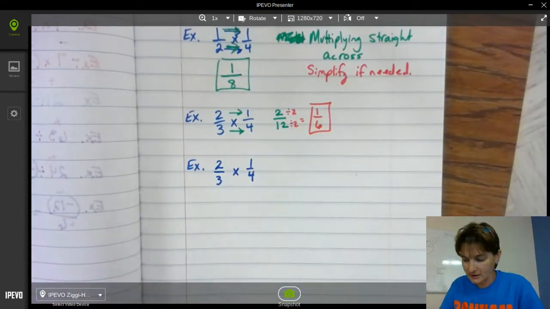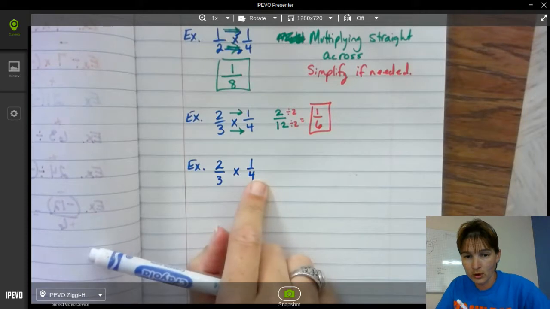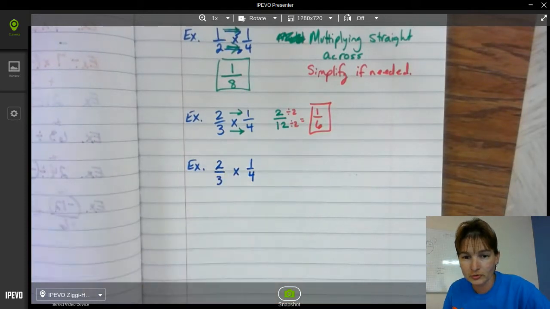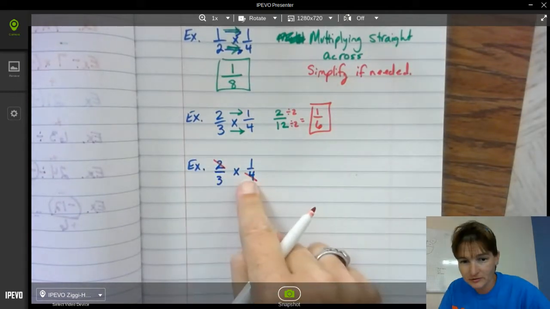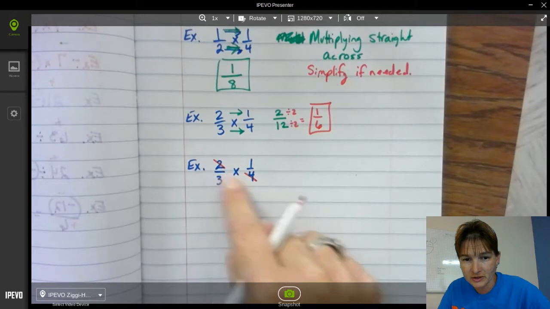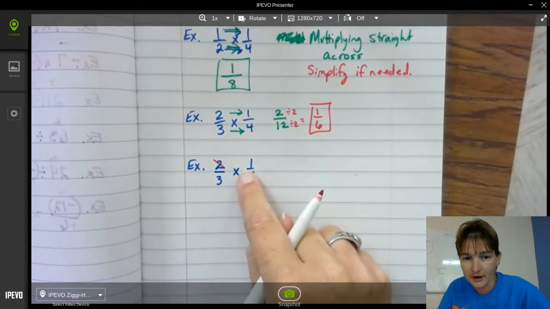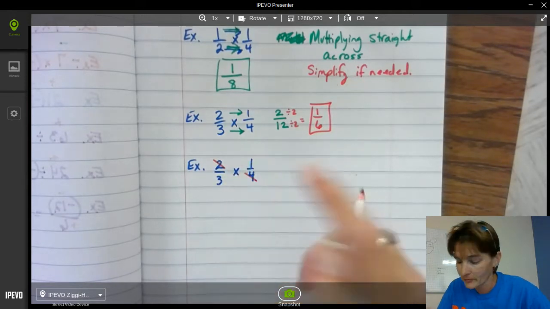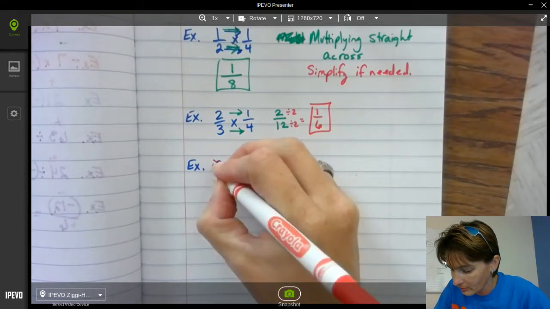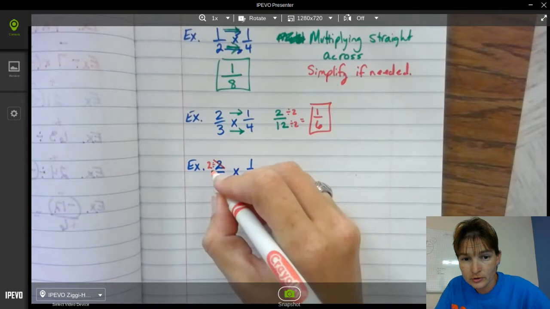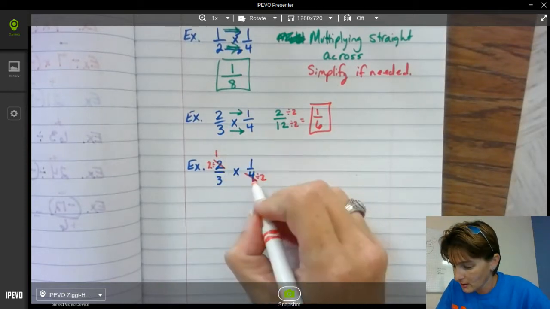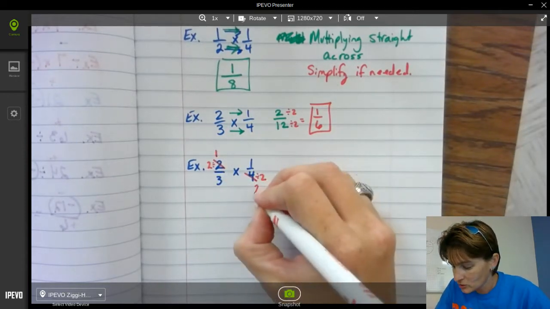I recognize that 2 and 4 can both be reduced by 2, and that is on a diagonal. I typically make my hash marks for reducing going the direction that I am reducing. If it was going this way, I would make my hash mark here. 2 and 4 both can be reduced by a division of 2. 2 divided by 2 is 1. 4 divided by 2 is 2.